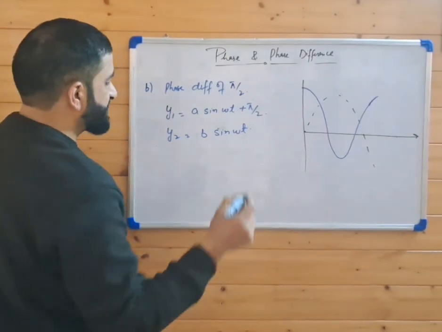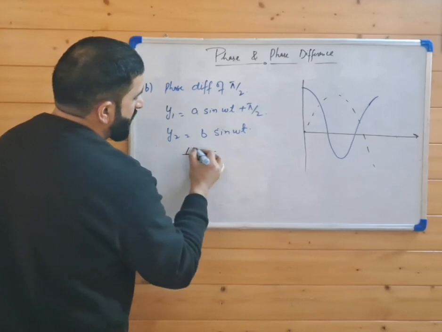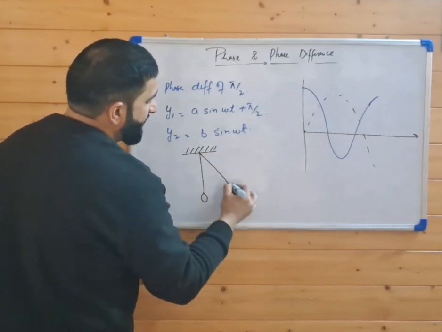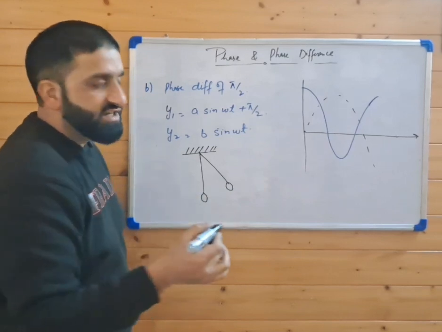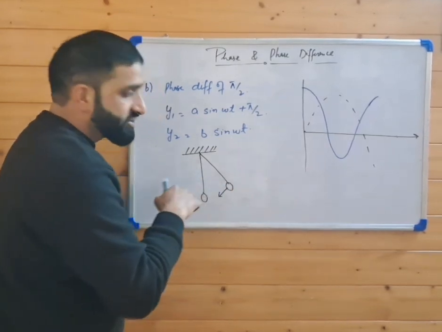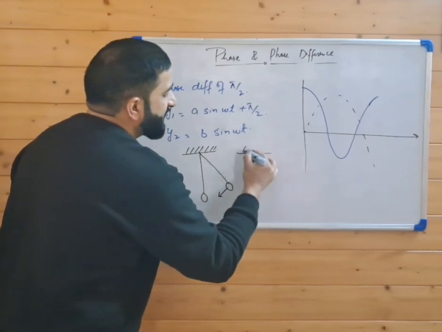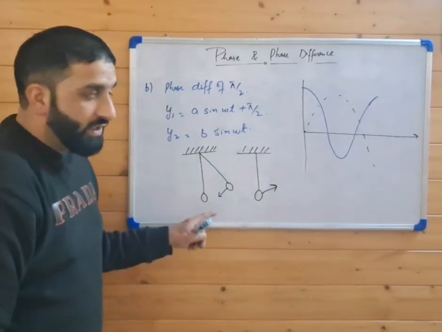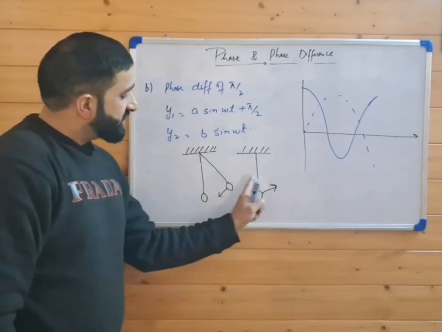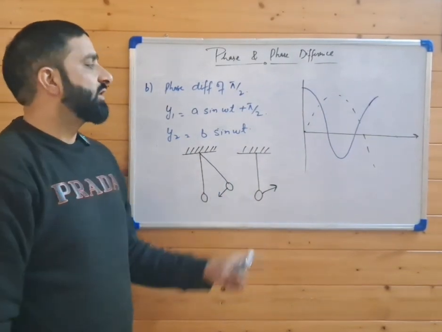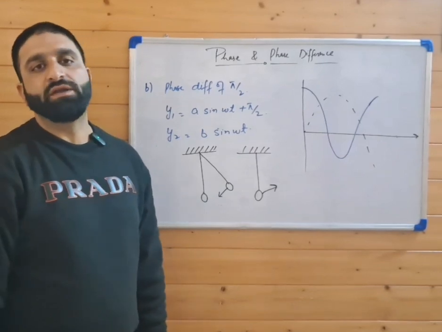Its physical significance is that particle 1 has started from the mean position, and when it has gone to the extreme position and comes back from the extreme position towards its mean position, particle 2 starts its journey from the mean position. So the phase difference between these two vibrating particles is equal to 90 degrees or pi by 2 radians.